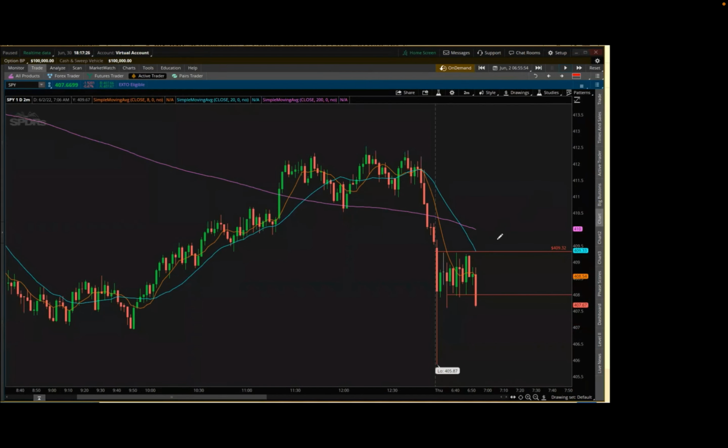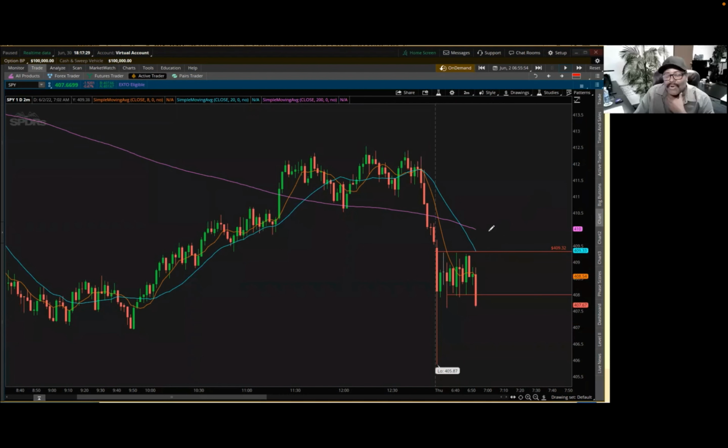Liquidity. I don't know if you guys had noticed, but I had this pointer right over here. The blue line is the 20. You notice how these two candles got close but never broke the 8. But again, we're not giving the 8 a whole lot of respect because it's the morning session, but it is there. The 20 is starting to get some momentum.